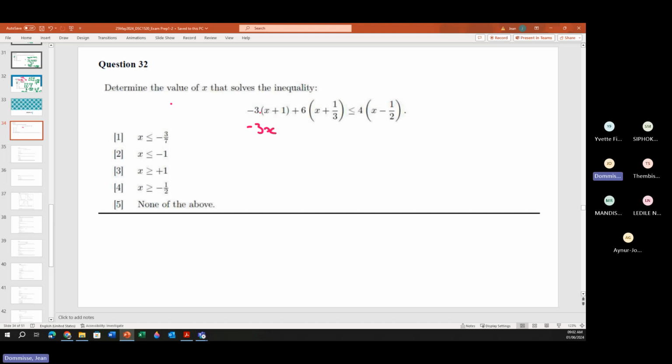The 3x, or minus 3x, becomes that, and it will be minus 3. Then we do it with the second bracket, so that's 6x. 6 times 1 is 6, 6 divided by 3 is 2.